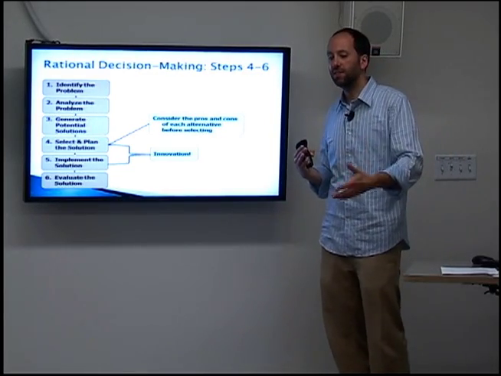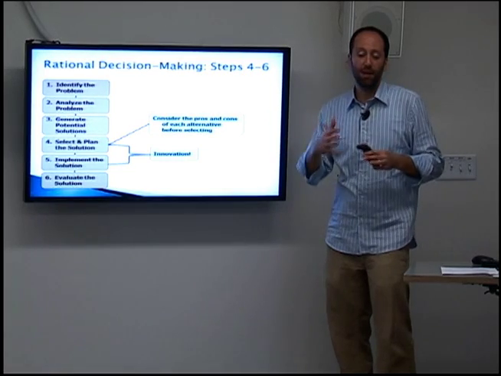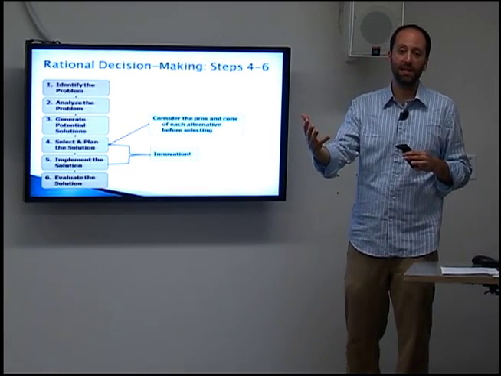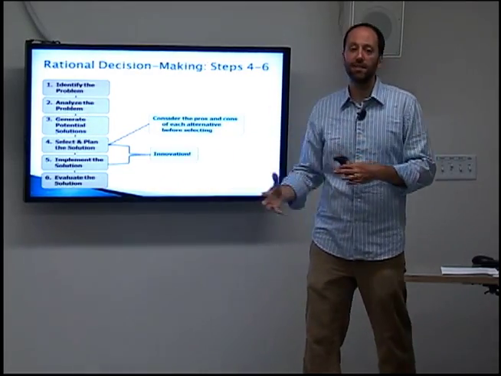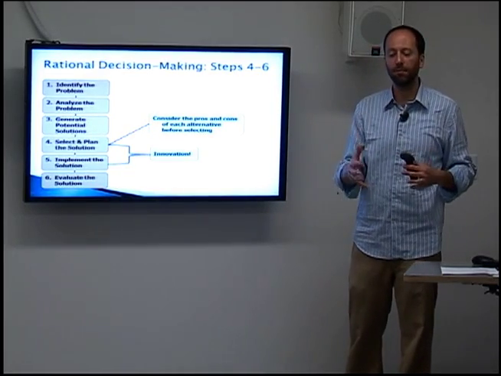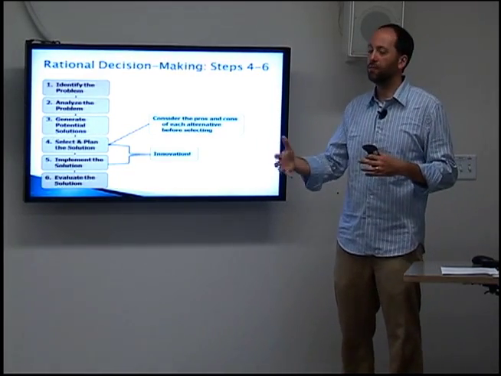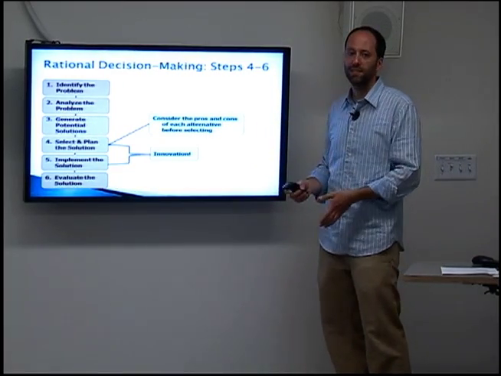Monitoring the progress, the controlling function of management, becomes really important here. Because part of the reason decisions don't work out isn't because you made a bad choice, but because the implementation goes awry. So if you're checking and controlling and evaluating, you minimize those problems and it increases the chance of your overall decision working out. So it's very important. So that walks us through all 6 steps of the model.